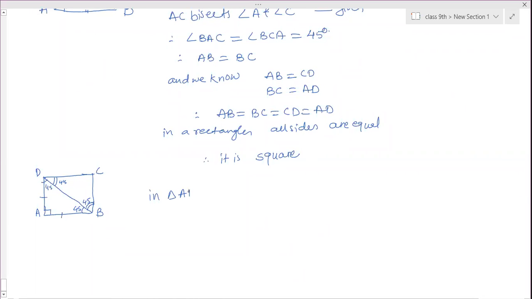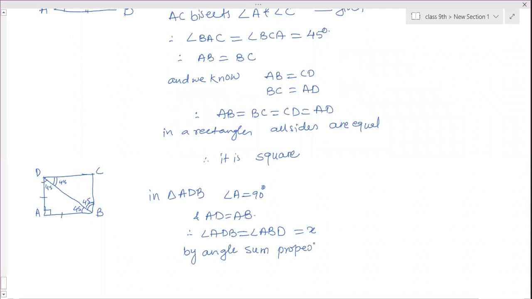In triangle ADB, angle A is 90, and AD is equal to AB. Therefore, angle ADB is equal to angle ABD. So let it be X. So by angle sum property, 90 plus 2X is equal to 180. 2X is equal to 90.